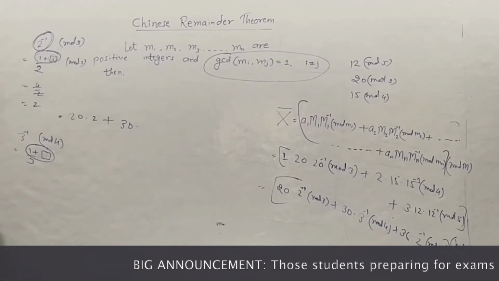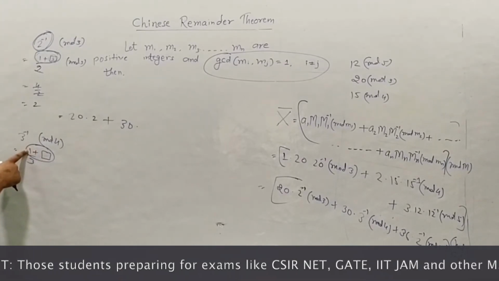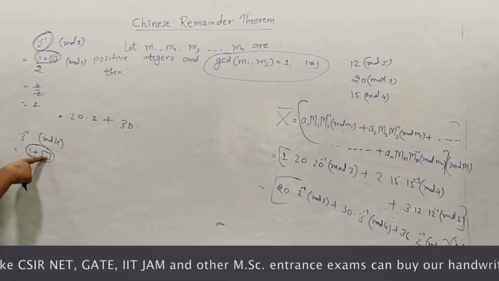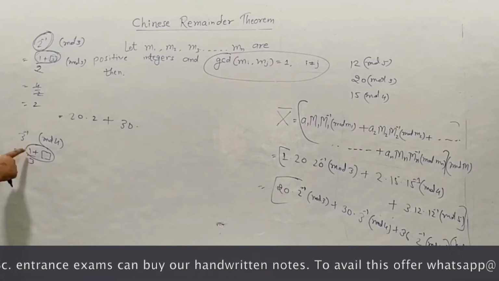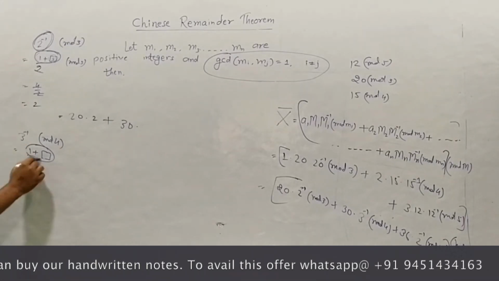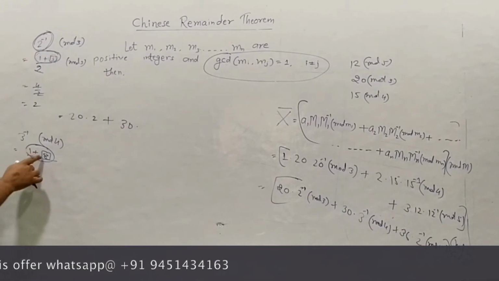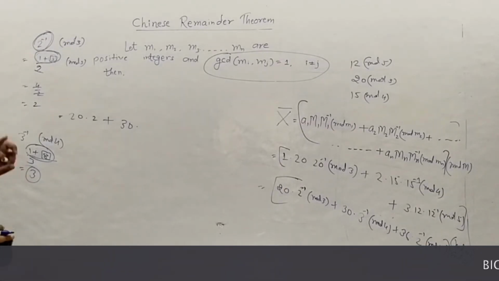If we add 4, 4 plus 1 is 5, 5 is not divisible by 3. 4 times 2 is 8, 8 plus 1 is 9, and 9 is divisible by 3. So we add here 8. So 8 plus 1 is 9, 9 divided by 3 is 3. So 3 inverse can be written as 3.